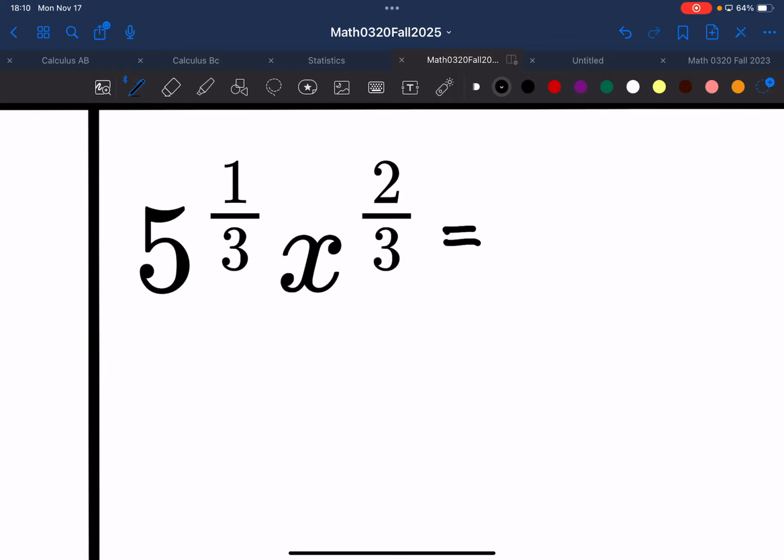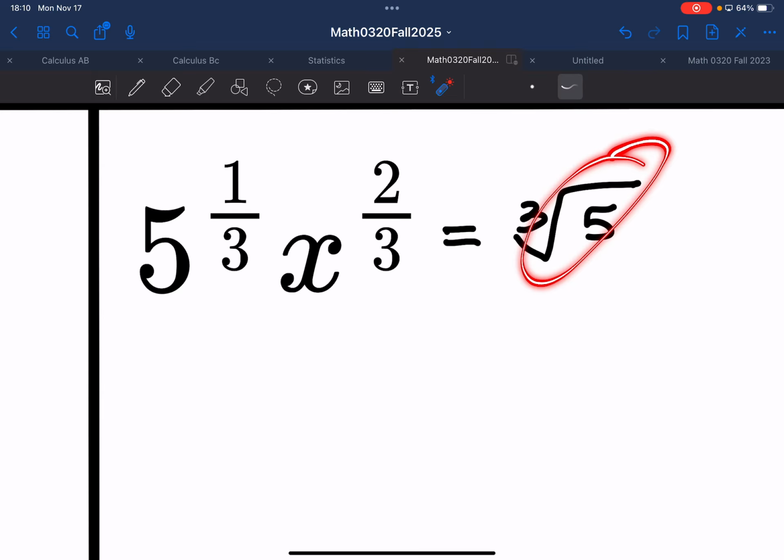The 3rd root of 5. Remember, this thing you've known as the square root your whole life is called a radical, and we just say roots: 3rd root, 4th root, 5th root, whatever number.